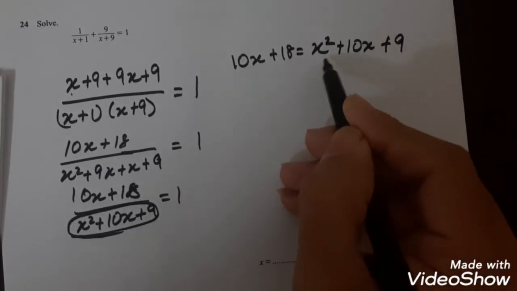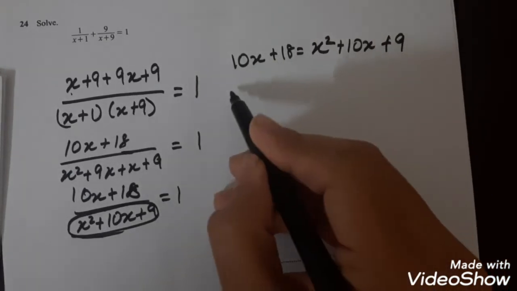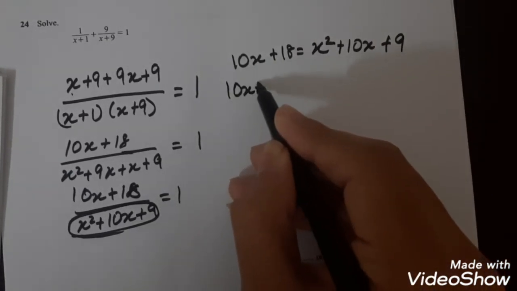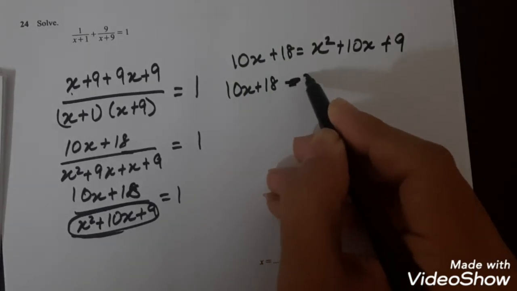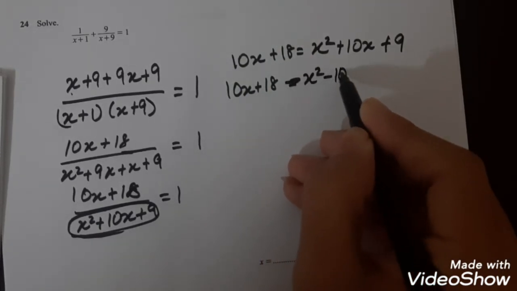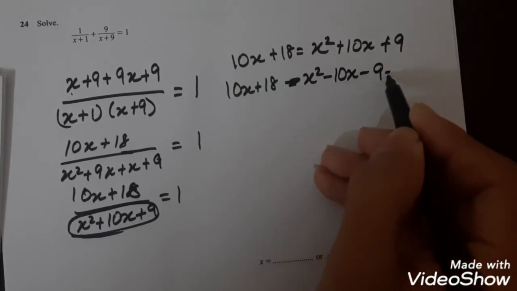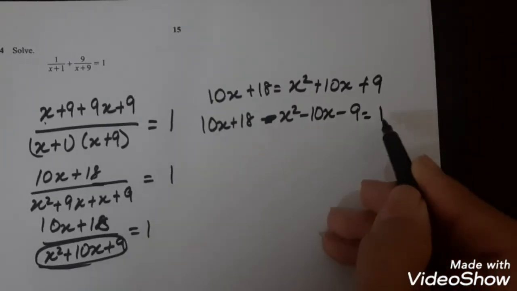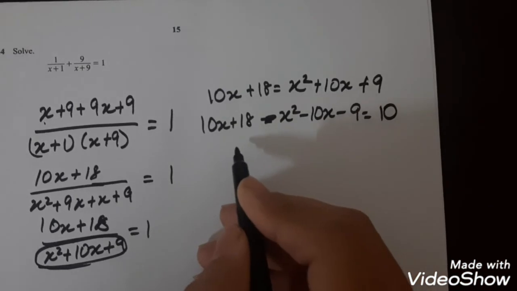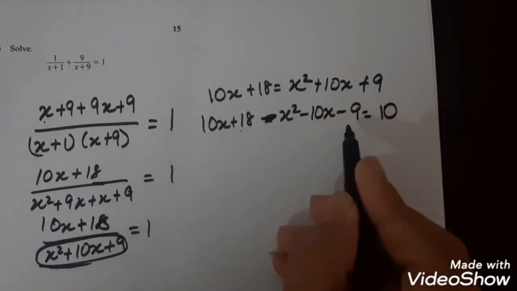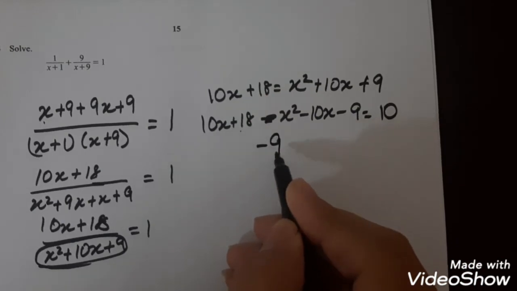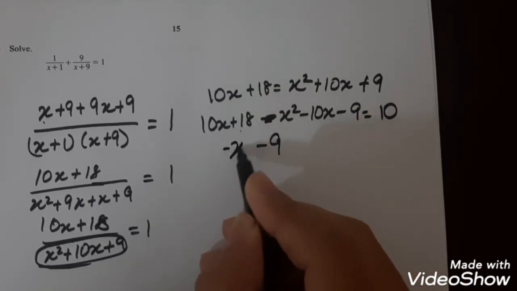So we will move this to the left side and write 0 is equal to minus x squared minus 10x minus 9 plus 10x plus 18. Then we will write over here 10x minus 10x is 0, 18 minus 9 is 9, and minus x squared, so minus x squared.